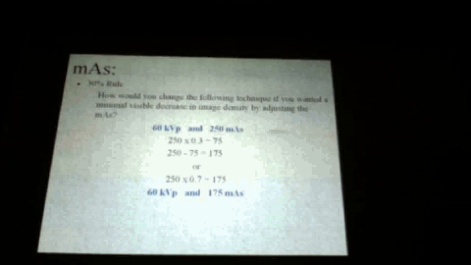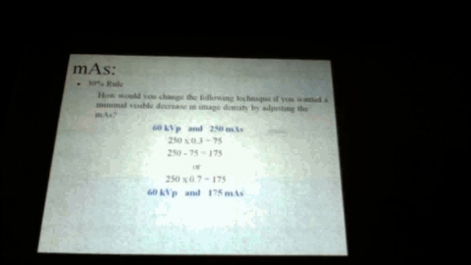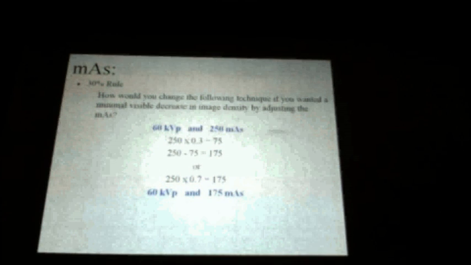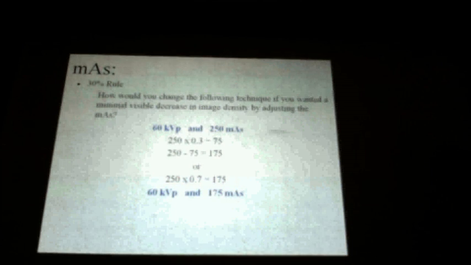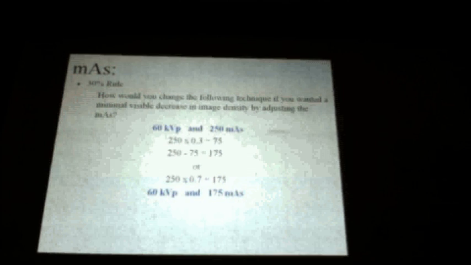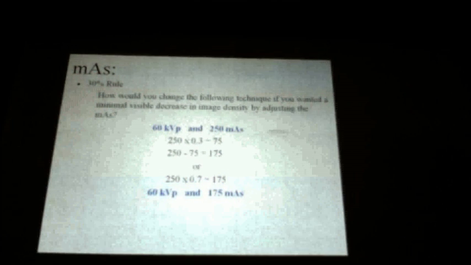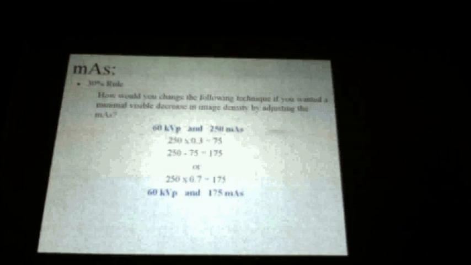If I wanted to make it minimally visibly darker, I would go up 30%. If I wanted to make it twice as dark, I'd go to 500. What if I wanted to make it half as dark? Where do I go to? 125 would be half as dark. Okay, half as dark.